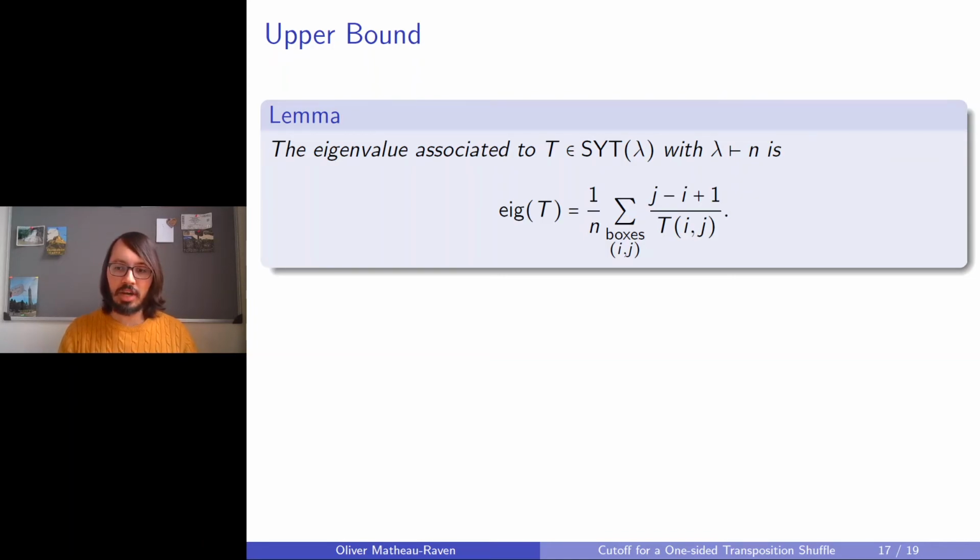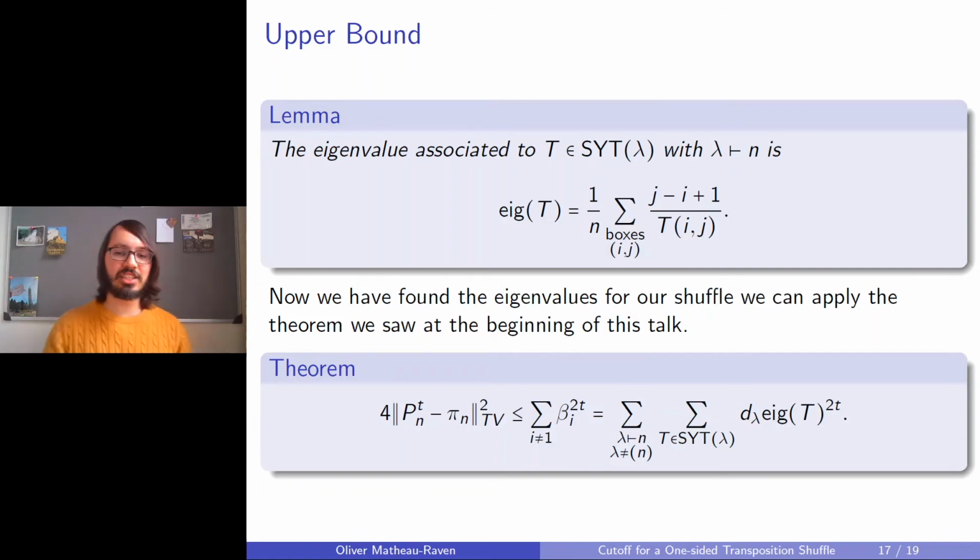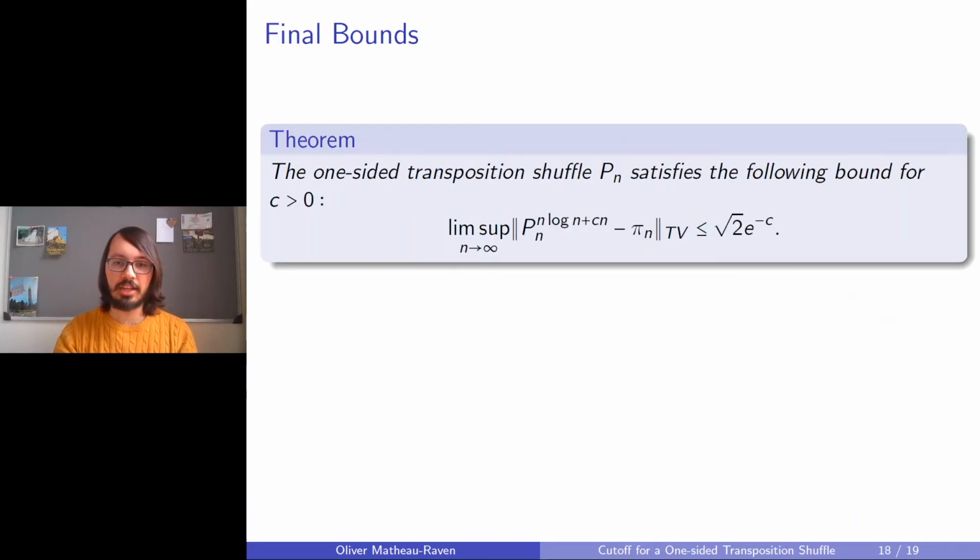Okay, so now we have all our eigenvectors. This is wonderful, and it means we can apply the theorem from the start. That says that our total variation distance is upper bounded by a sum of these eigenvectors. All that's left to do is find the correct time for our upper bound for the cutoff. And the correct time is n log n.